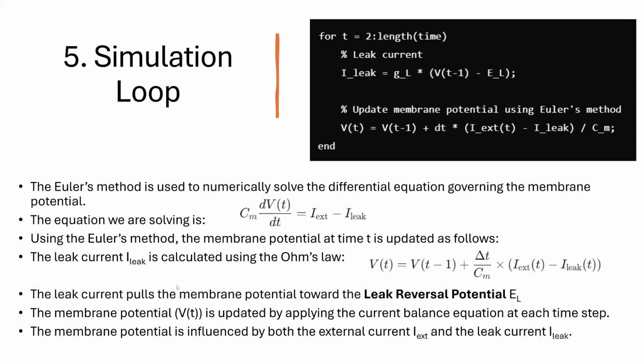The leak current is the one that pulls the membrane potential towards the leak reversal potential. The membrane potential is updated by applying the current balance equation at each step, and it is influenced by both the external current and the leak current. And you can see here that the leak current is defined by the multiplication of GL with the voltage difference.